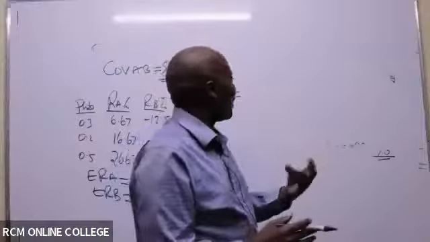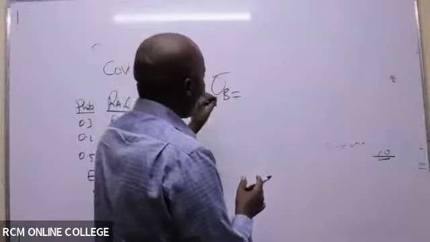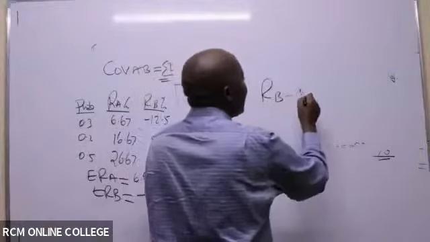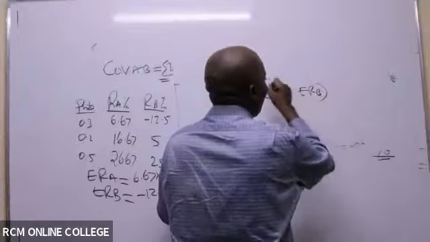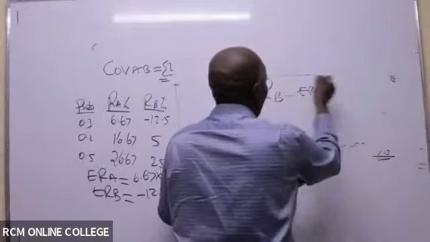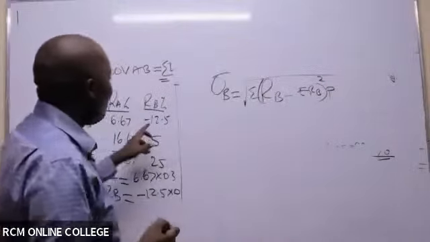Don't start with those. It is standard deviation. So it is RB minus the expected returns of B. Square them, times probability, sum, and square root like that.